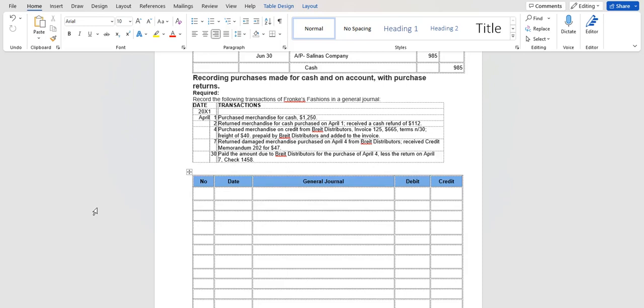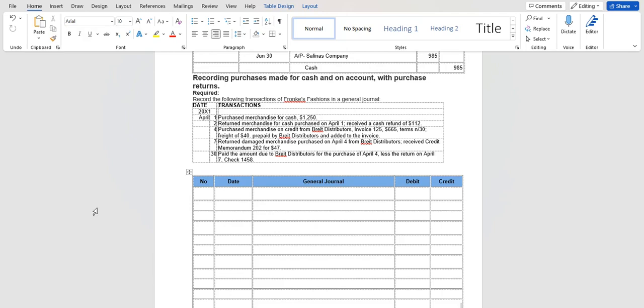I want you to be printing these worksheets out and I want you to be following along with me only because watching me do it, you are not going to absorb the information. Whereas if you're doing it along with me, you will absorb the information and you'll be able to take this information with you into the homework. Okay, so if you haven't done that, please pause the video, go into Canvas, and print out these classwork assignments.